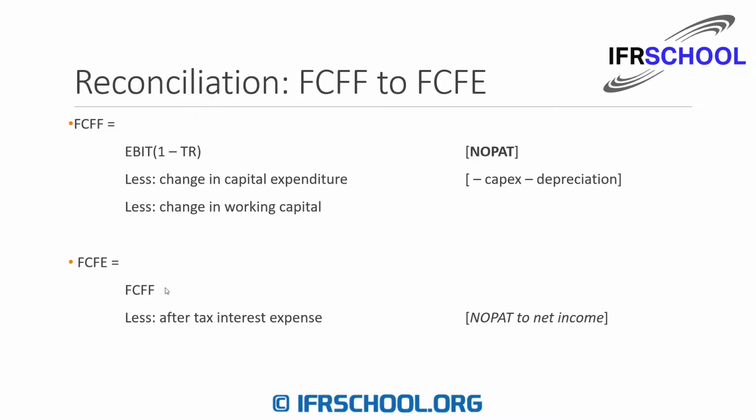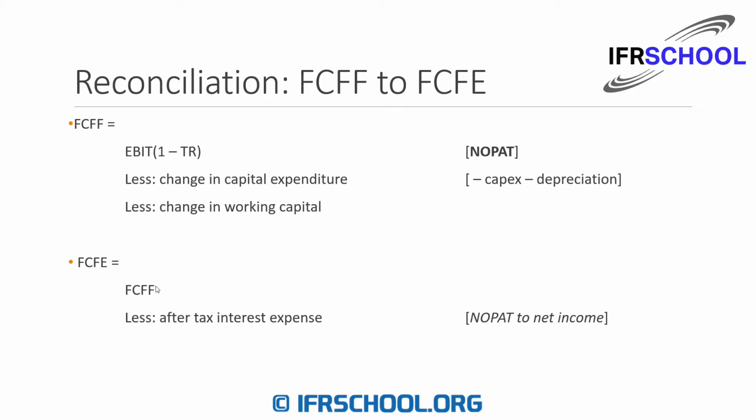In addition, remember, this free cash flow to the firm measure includes the total additional investments in non-current assets and working capital. These investments have been deducted off when arriving at the free cash flow to the firm measure, but a portion of these additional investments were paid for with debt. And if we don't remove this portion from free cash flow to the firm, then we will be underestimating free cash flow to equity.